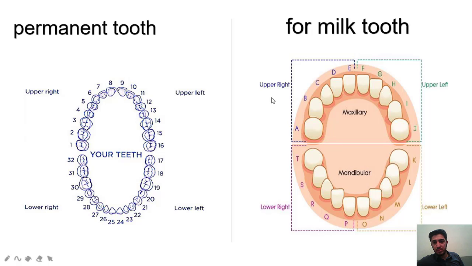So it starts from the right side of the upper jaw, from the 2nd molar, and continues, crossing the midline and coming toward the left side, and then drops down toward the lower jaw, continuing K, L, M, N like this, coming toward T. So it is a simple rule: starting from A to J in the upper jaw, and from K to T in the lower jaw. It is a simple numbering system, just write the letter and it will tell you the tooth.